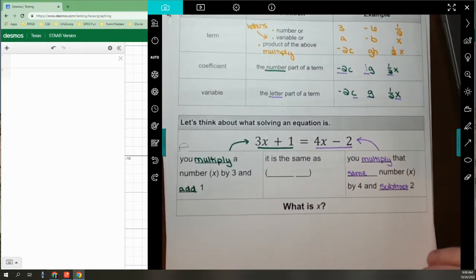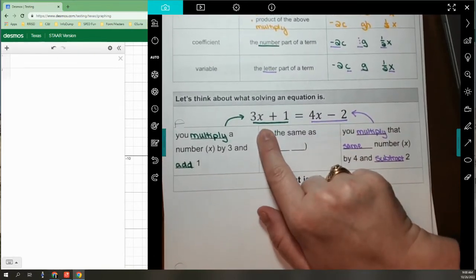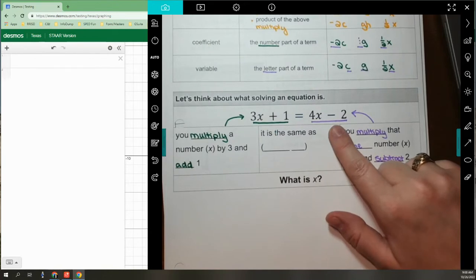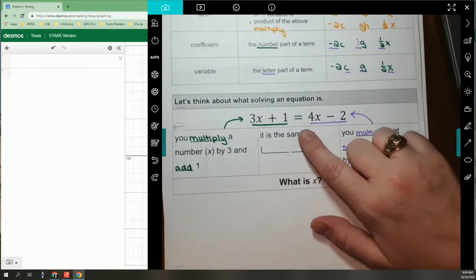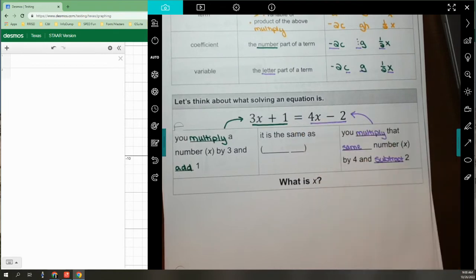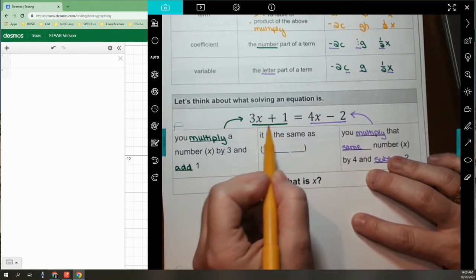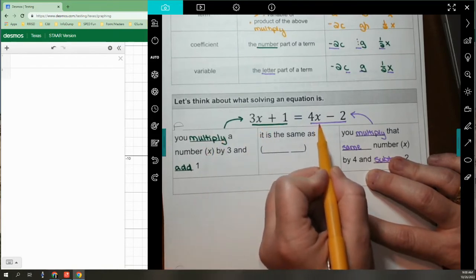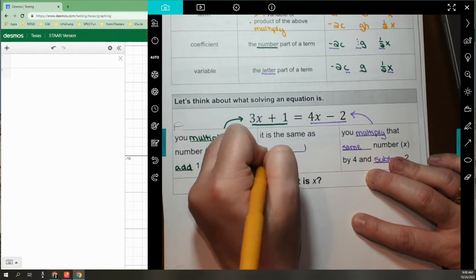Okay, so once we have looked at what this expression 3x plus 1 and this expression 4x minus 2 equal, now we need to think about what this means. The equal sign just means that this that I underlined in green is the same as this that I underlined in purple. So it's the same as or equal to.